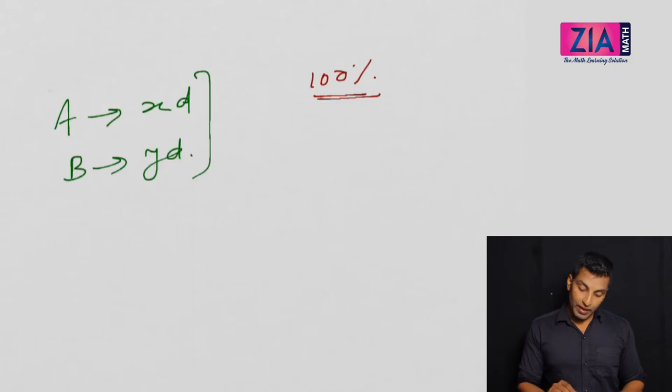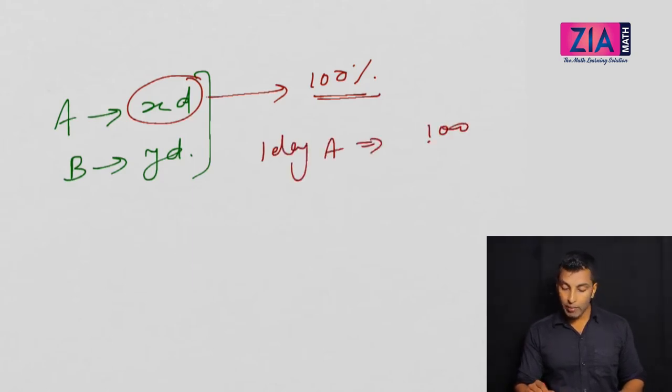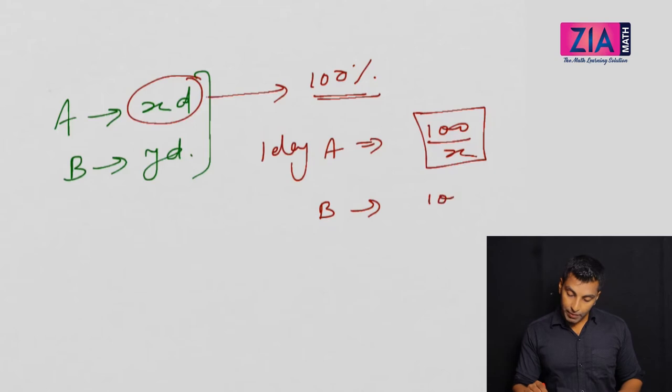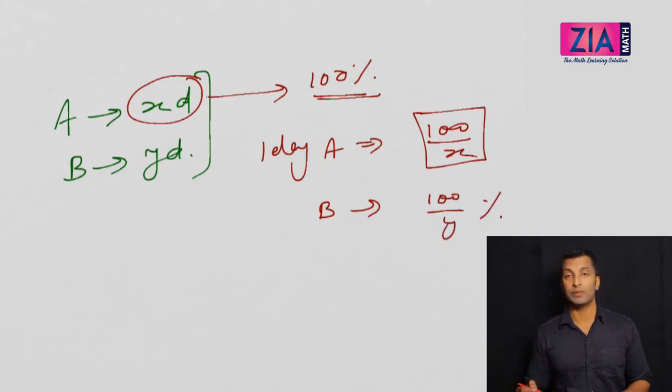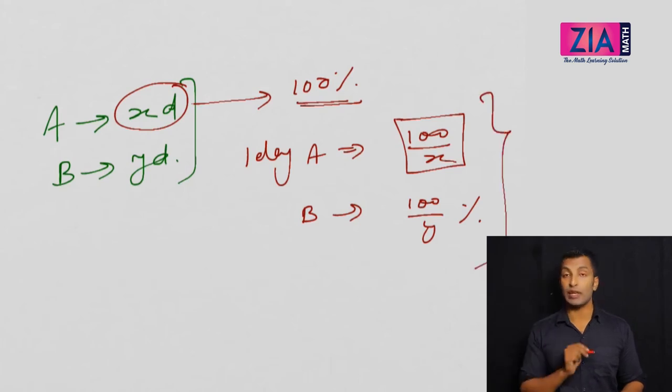Okay. So A takes X days to complete 100%. So in one day, A can finish 100 by X of the work. Okay. So in one day, A will finish this much percentage. B will finish 100 by Y percentage. Okay. Now with numbers you will understand much better. So here I am actually generalizing.